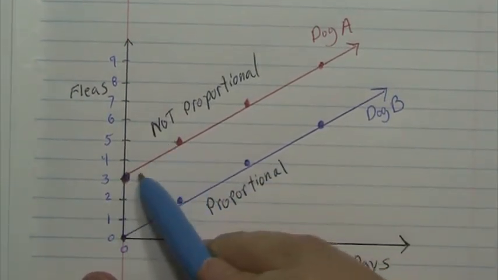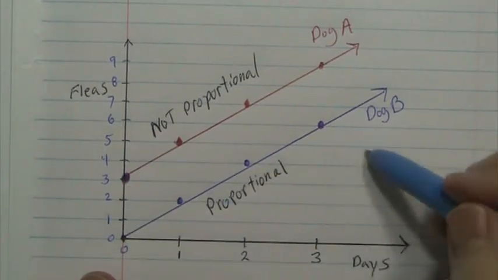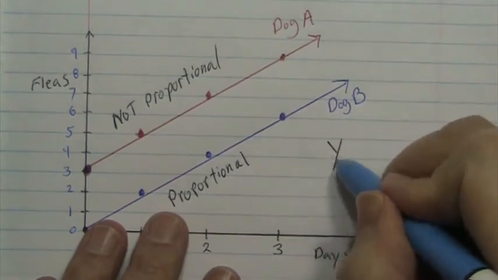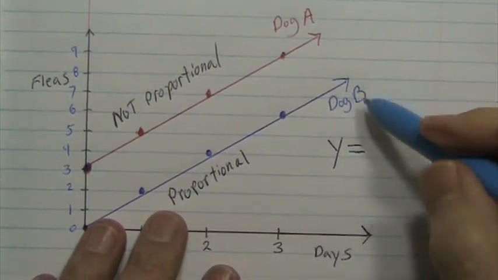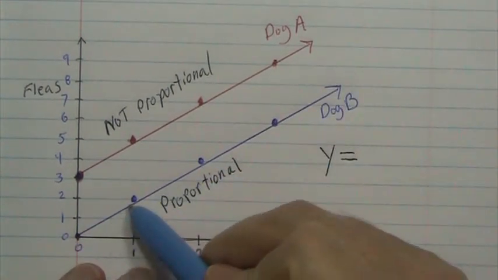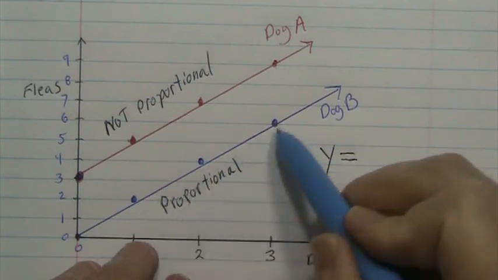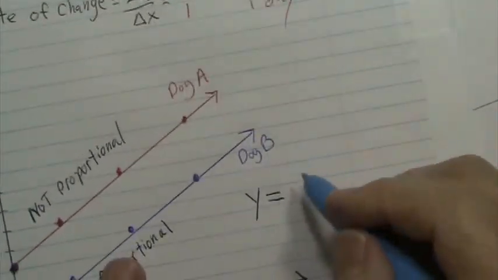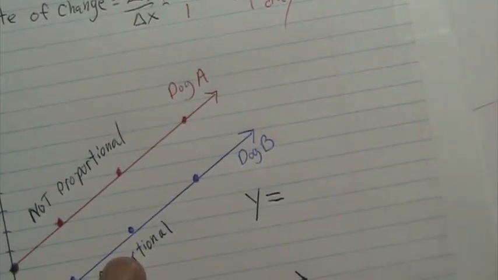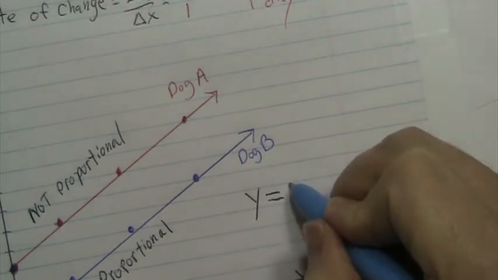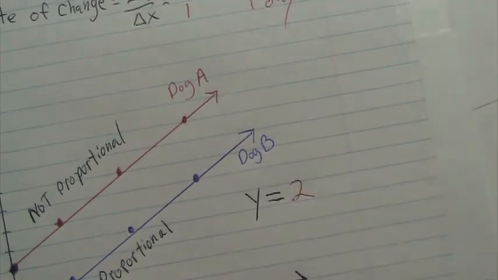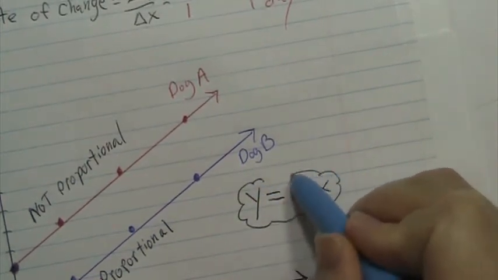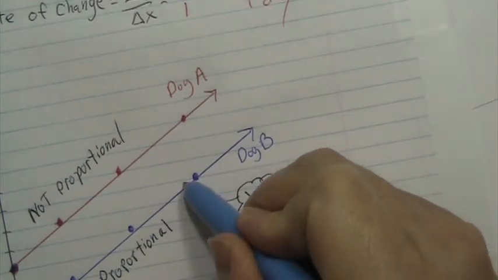And this one does not go through the origin. Now this one right here, you could write the equation for this also. And it is y equals, and then what is our unit rate, constant of proportionality, our rate of change? It was 2 over 1, which is just 2. So you would write y equals 2x. That is the equation for this line right here.